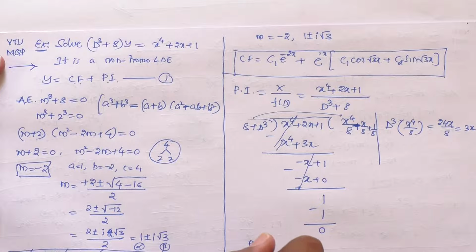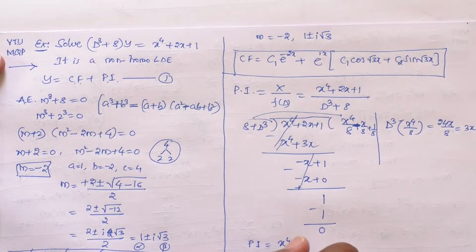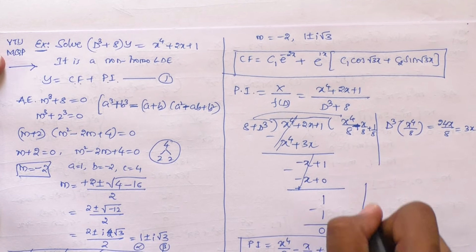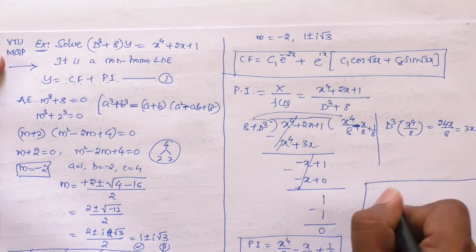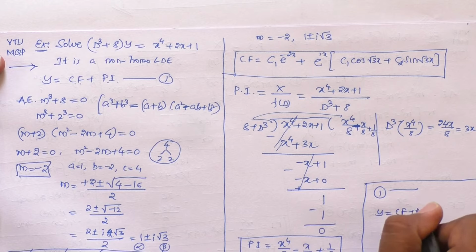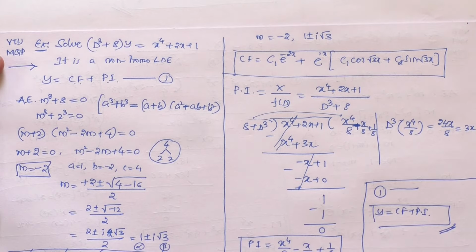So finally we get PI, which is the quotient x raised to 4 by 8 minus x by 8 plus 1 by 8. So this is the PI. So the final solution is y equal to CF plus PI. Write together both the terms, and we get the final solution of the given problem.